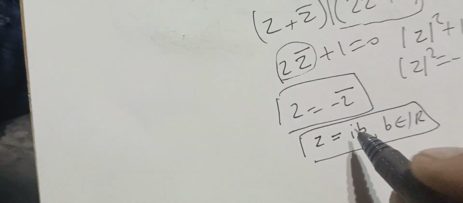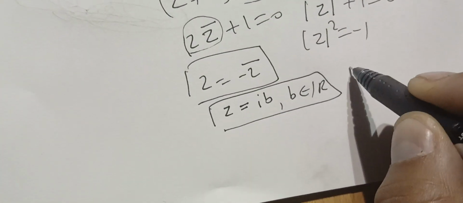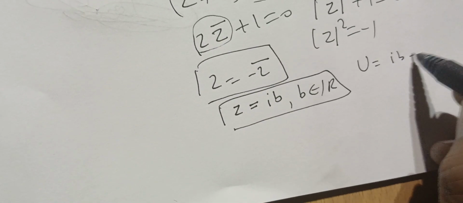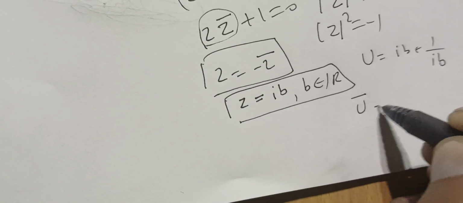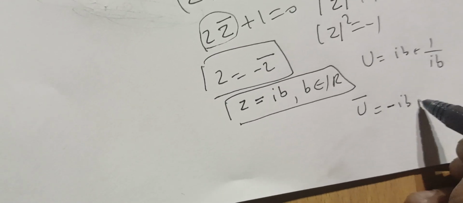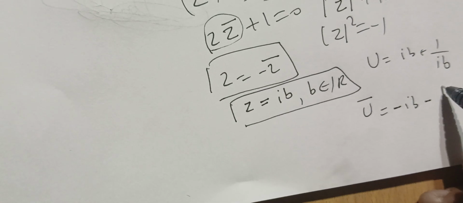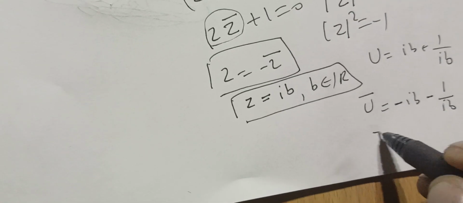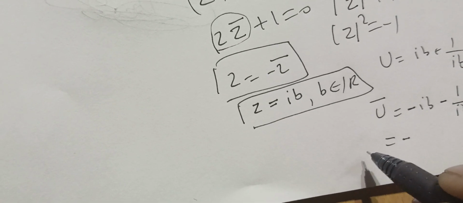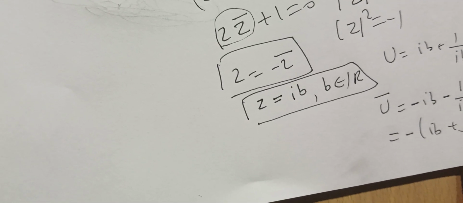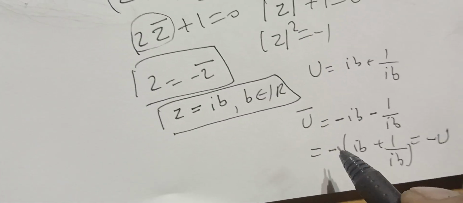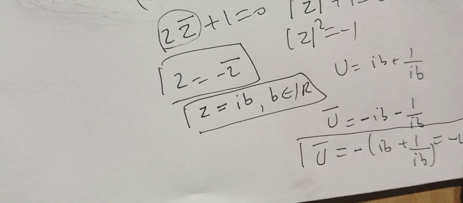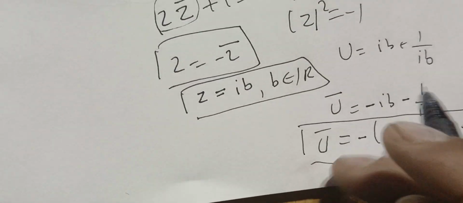In this case, u equals ib plus 1 over ib. If we take the conjugate of u, it's going to be minus ib minus 1 over ib. We take the minus out, and we get minus ib plus 1 over ib. And this is just minus u. So we have u bar equals minus u.